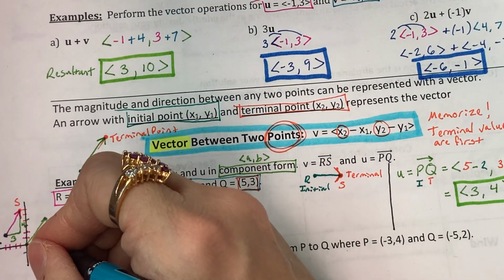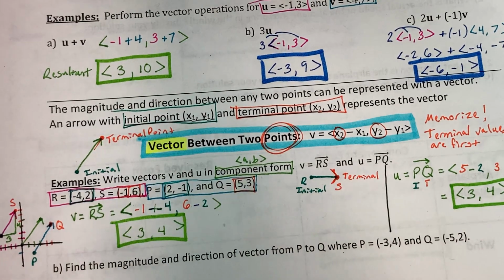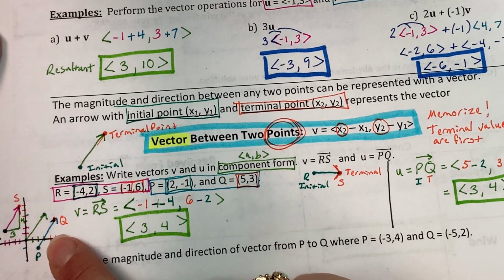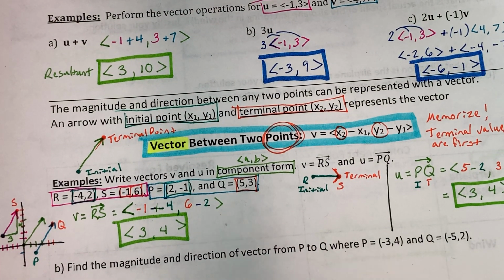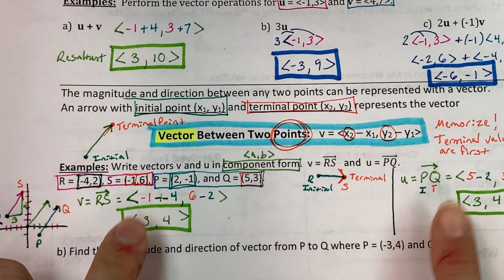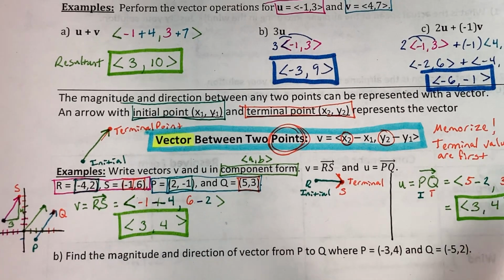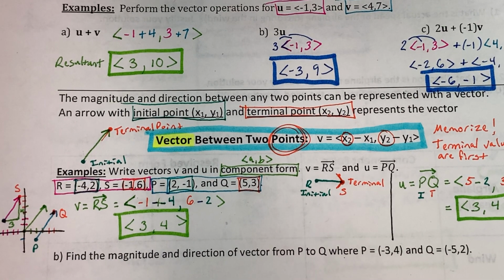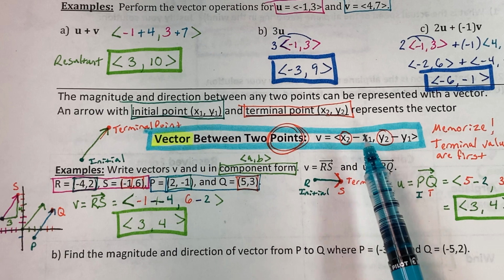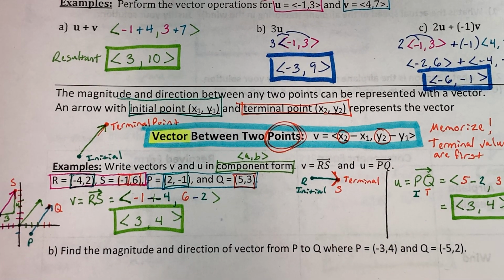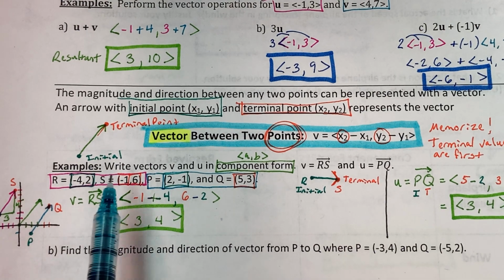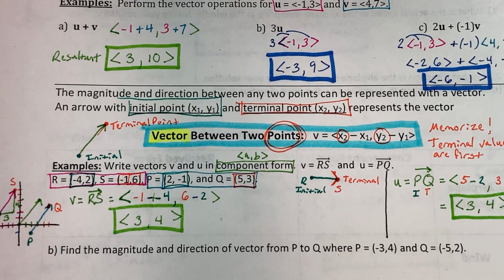As we can see, that has the same structure and angle as the other vectors. So both of them can be represented by that component form 3, 4. So folks, again, terminal values come first, and then we subtract the initial point's x and y values. So not to be confused with vector operation, this is all dealing with the points that make up a vector.